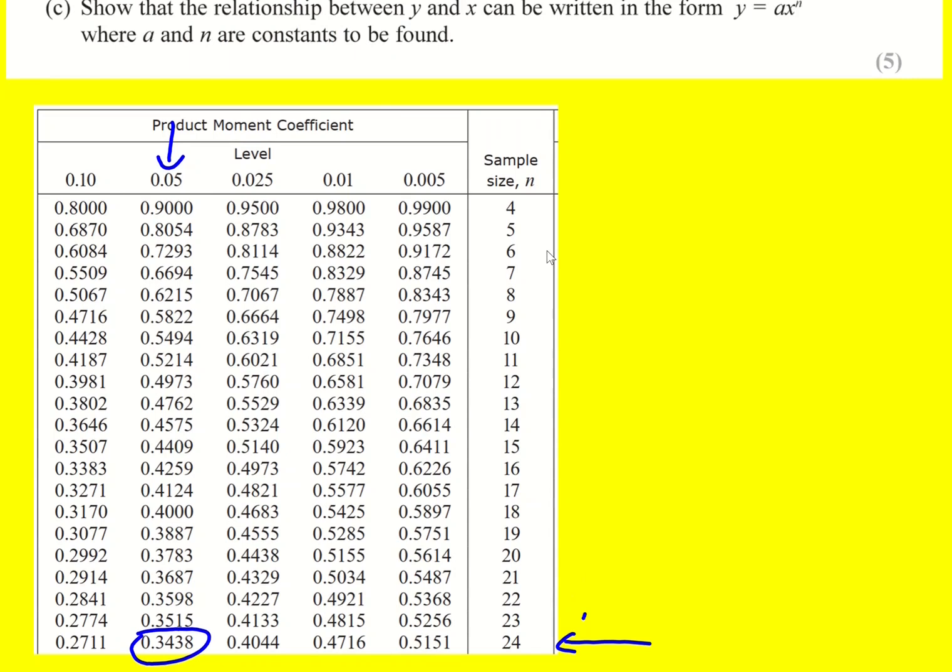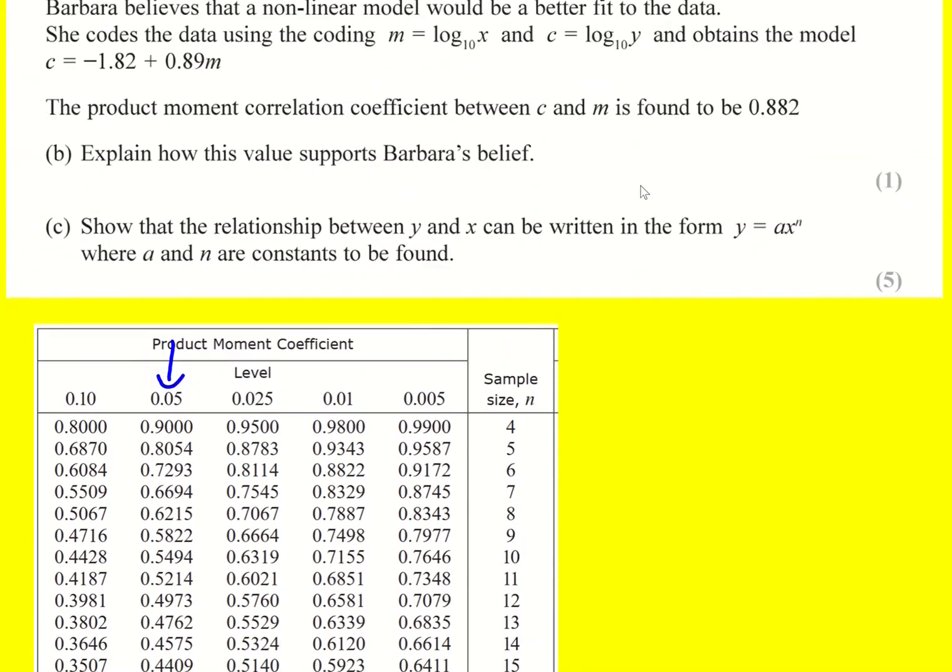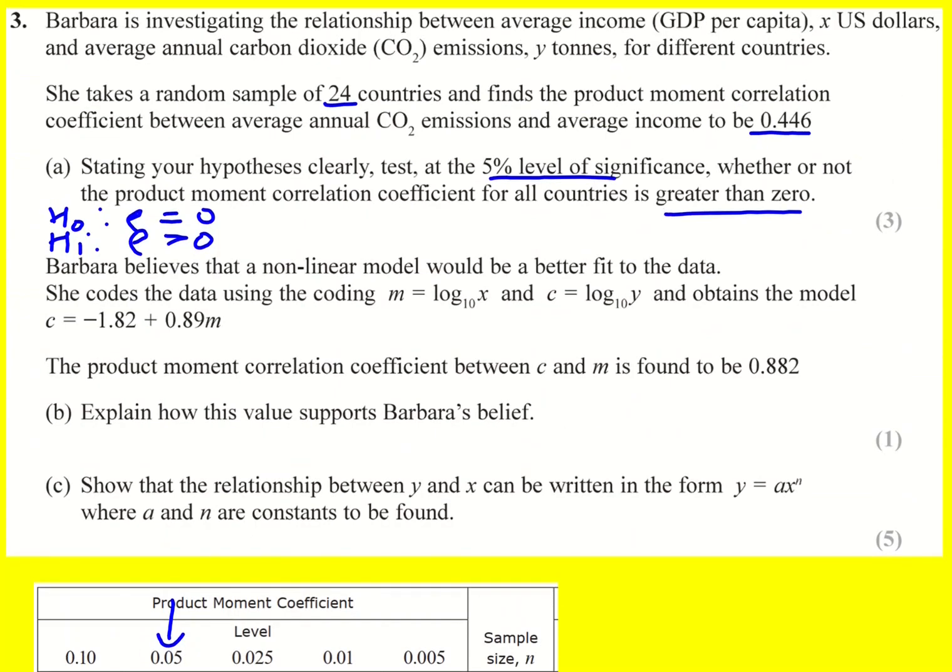And it's positive, so we're going to take the positive 0.3438. Over here, 0.3438. And our actual value here is going to be to the right of it.